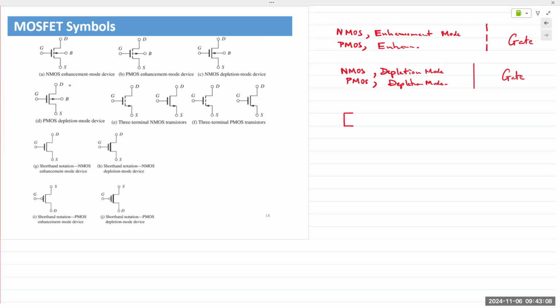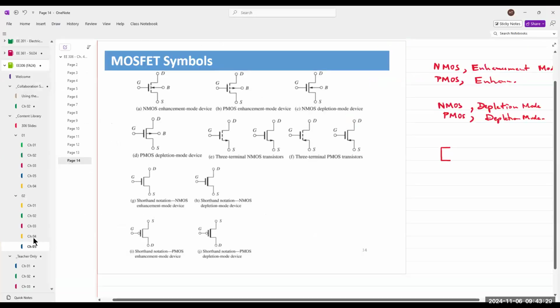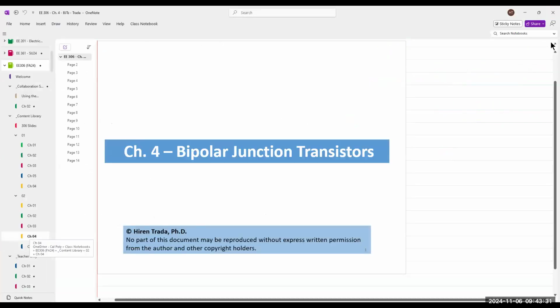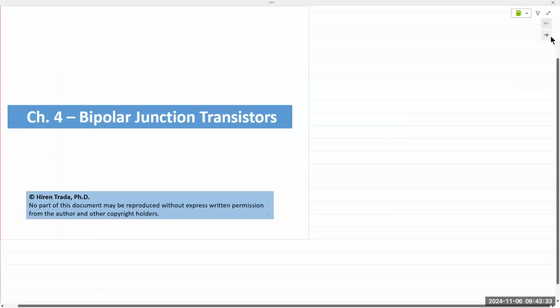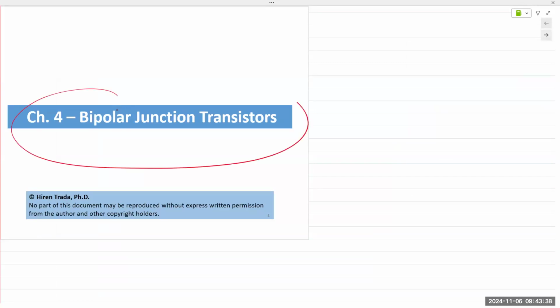So again, FETs and MOSFETs are something that you would look at a lot in 307 and also 308. We build a lot of circuits using MOSFETs and BJTs. But for now, I'd like to turn our attention to the next topic, and that is bipolar junction transistors. The rest of this course deals with bipolar junction transistors.